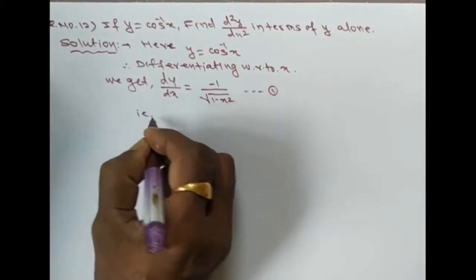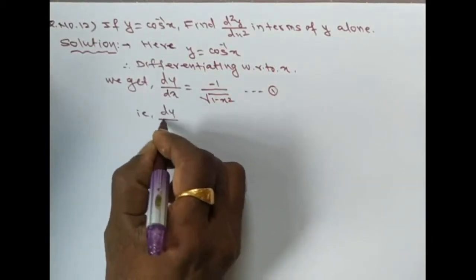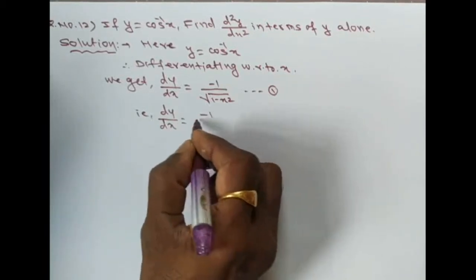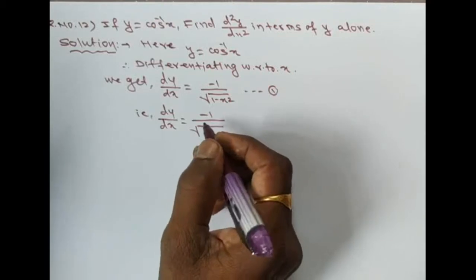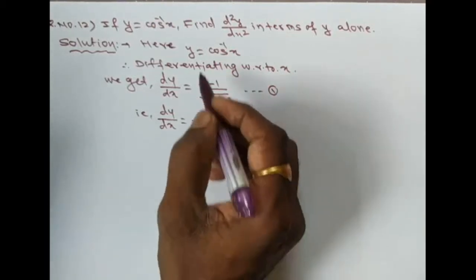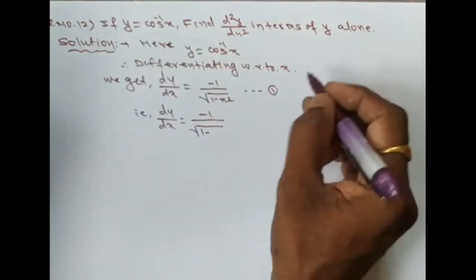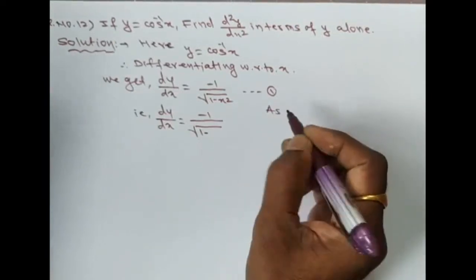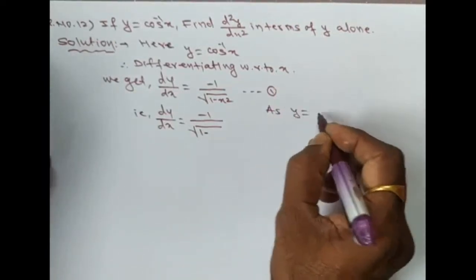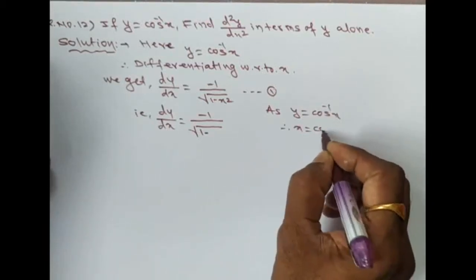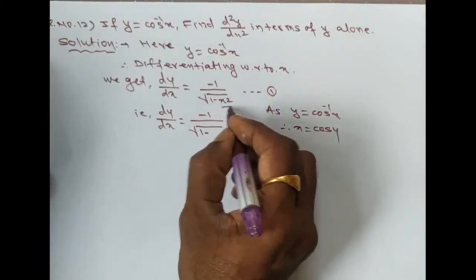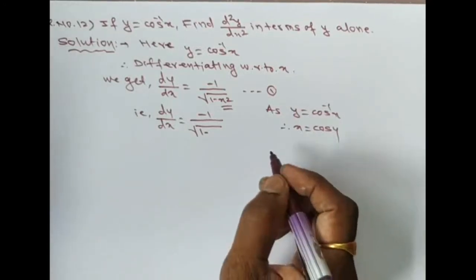So dy by dx equals minus 1 upon under root 1 minus x square, where x equals cos y, as y equals cos inverse x. So I am replacing x square by cos square y.